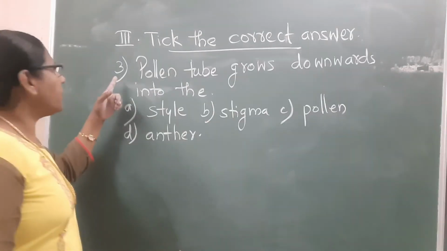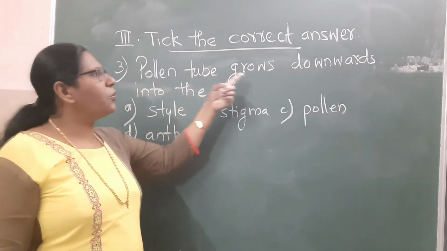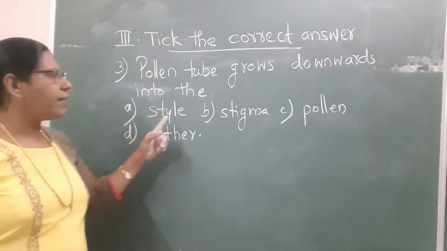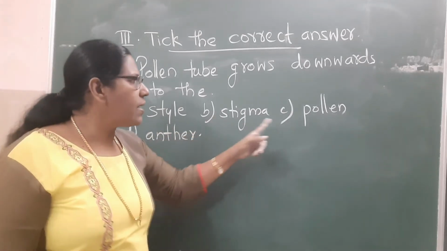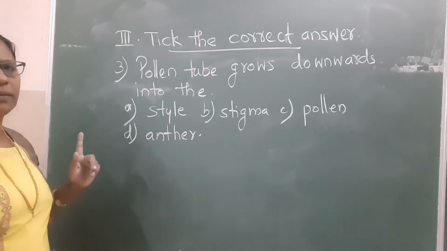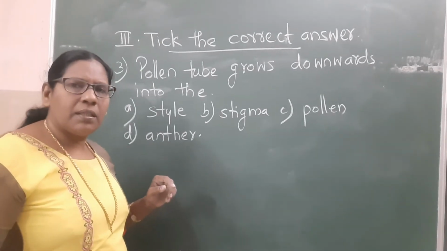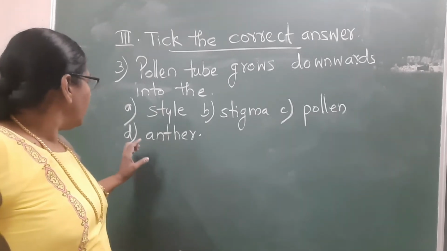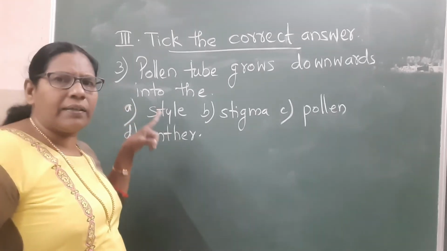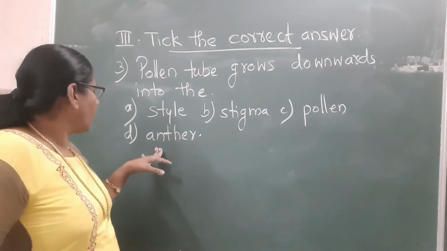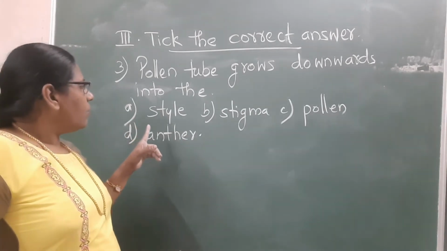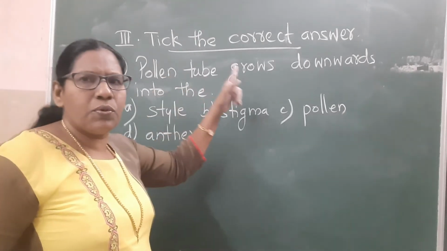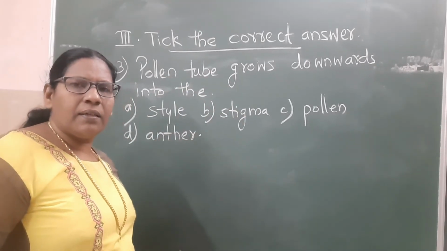So B is the answer. Fruit. Number 3. Pollen tube grows downwards into the A, style, B, stigma, C, pollen, D, anther. Let's just recollect what we learned. Pollen grains transfer from anther to stigma, right?